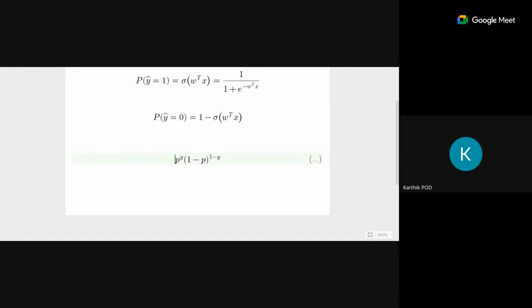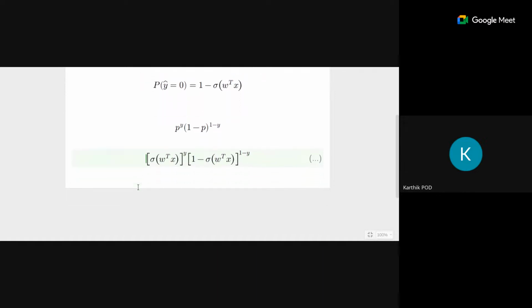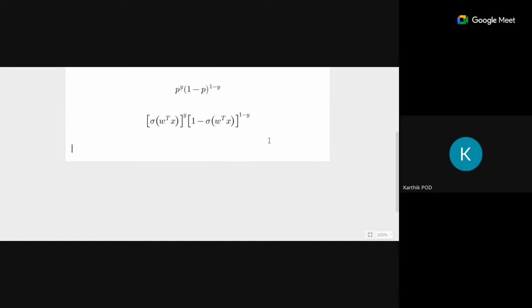Because if y is 1, then the likelihood of seeing that is just p, the probability with which y equal to 1 will come up, and otherwise it's 1 minus p. So instead of p, you plug in sigma of W transpose X to the power y, into 1 minus sigma of W transpose X to the power 1 minus y. That's what you end up doing. So this is the likelihood for one data point.